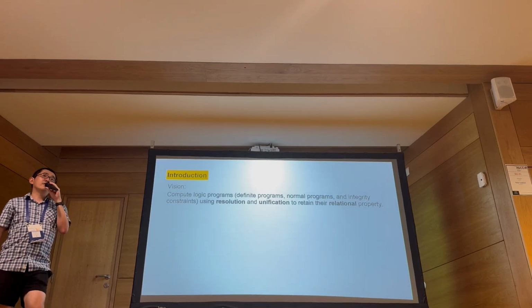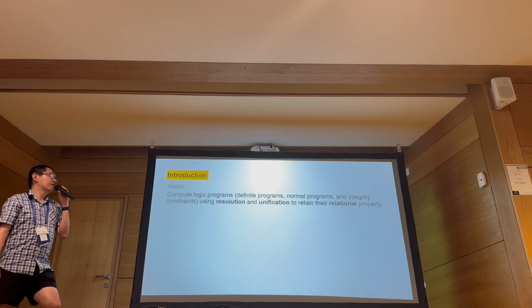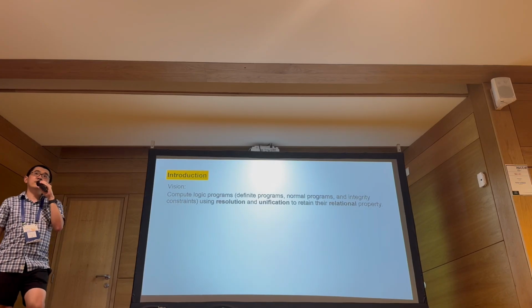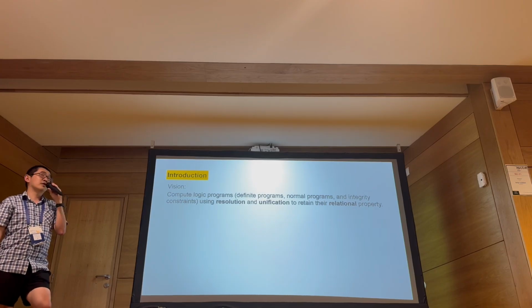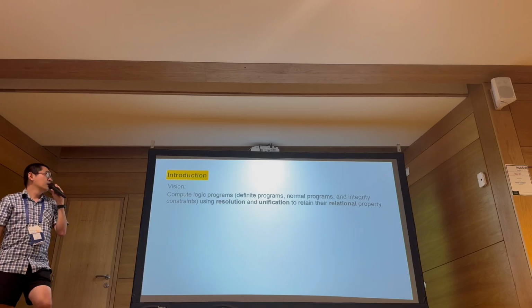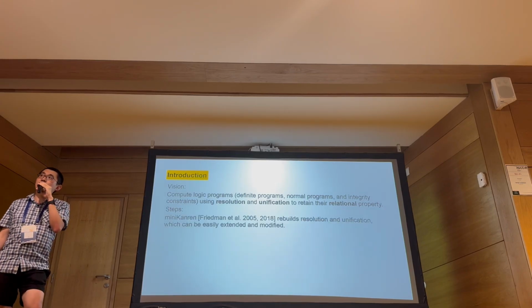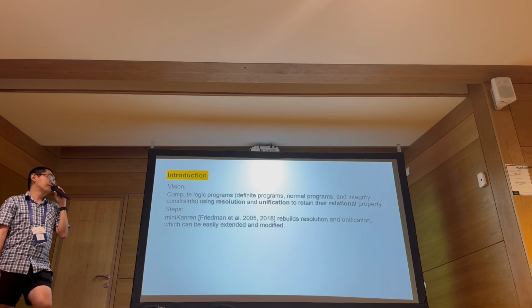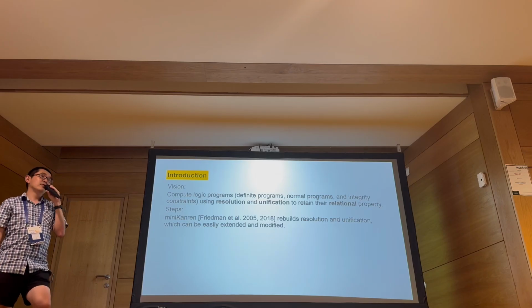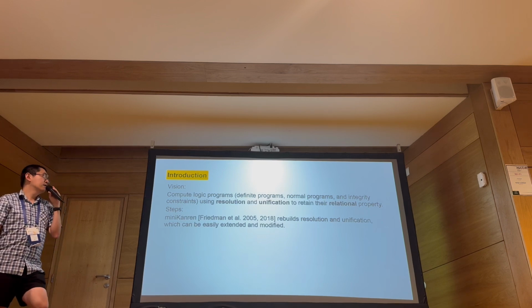Okay, so the introduction. The vision we have is to compute logic programs, in our case definite programs, normal programs, and integrity constraints, just using resolution and unification, and also to retain their relational properties. We have a few steps taken so far. The first is miniKanren, by the community of Friedman and all, which provides resolution and unification and can be easily extended and modified.